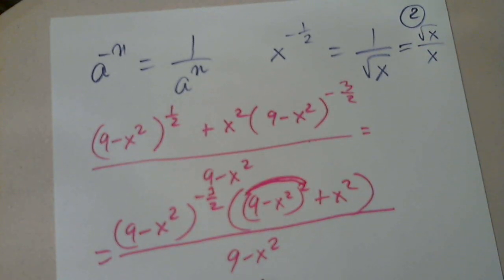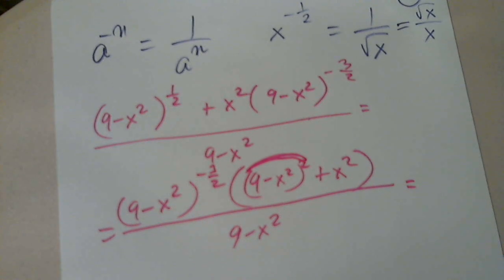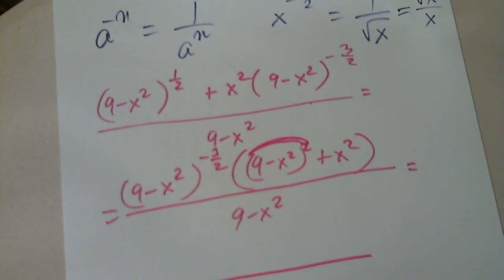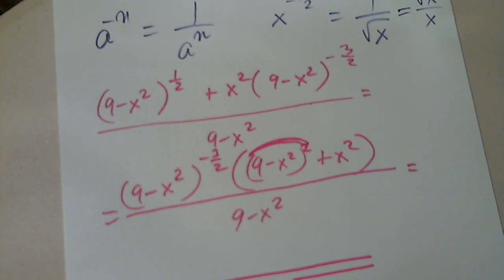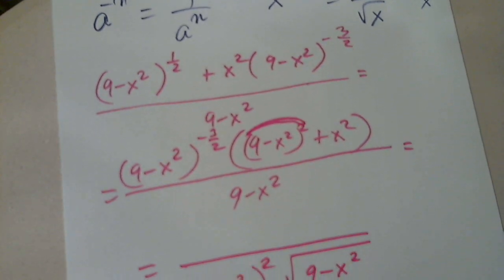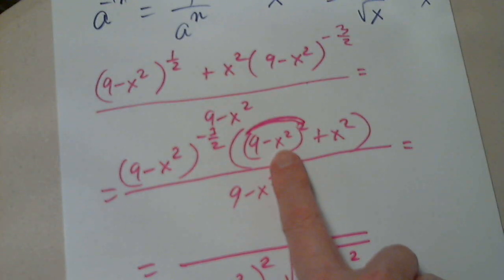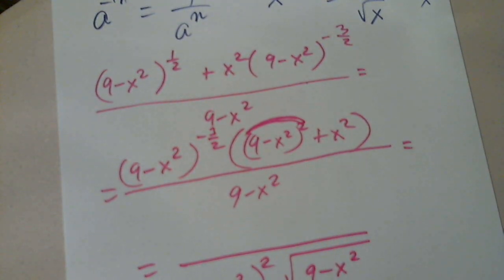So this goes to the denominator. So it will be, because it's 3 over 2, we have 9 minus x squared squared and the square root of 9 minus x squared. I pulled out 9 minus x squared. So now we have to square this. How many terms do we get? When we square a binomial, how many terms do we get?